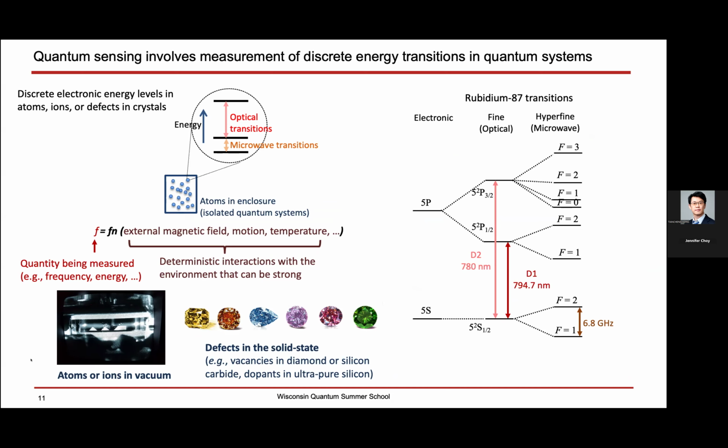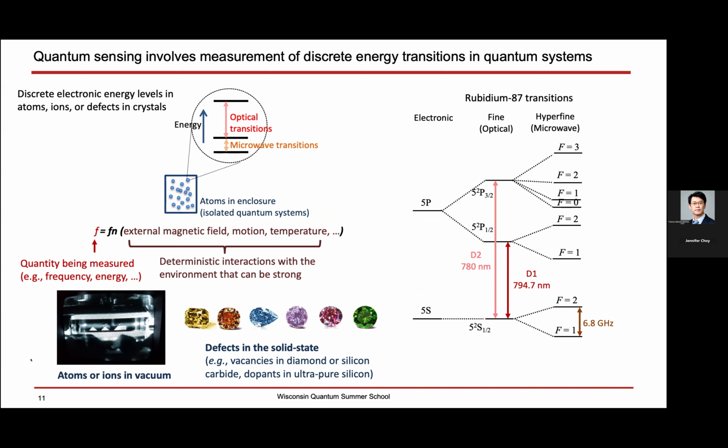And you can also get analogs of these trapped atoms in the solid state. That comes in the form of these color centers. What I'm showing here is a bunch of diamond crystals with different colors. That comes from defects, meaning either a missing carbon atom or substitutional atoms inside the diamond crystal.